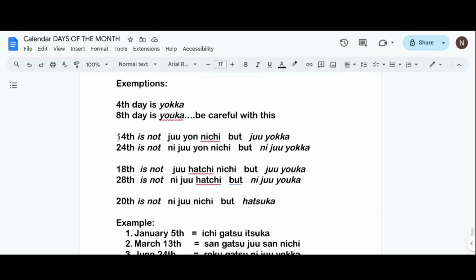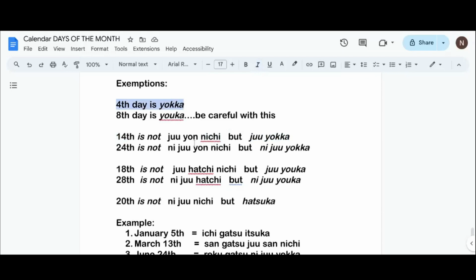And then the 14th is not juyon nichi. Literally it is juyon nichi, because we said that from the 11th up to 31 you just add nichi. But the exemption is the 14th is not juyon nichi but juyoka.